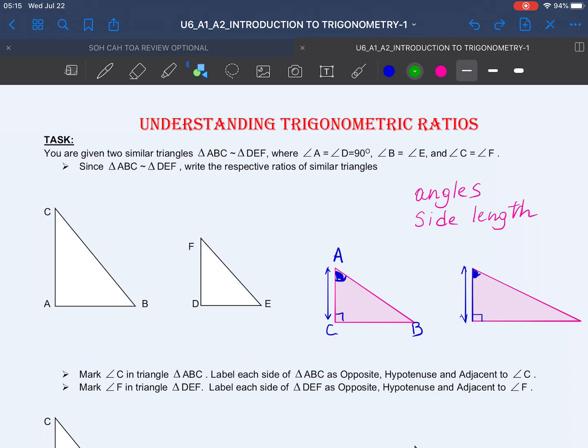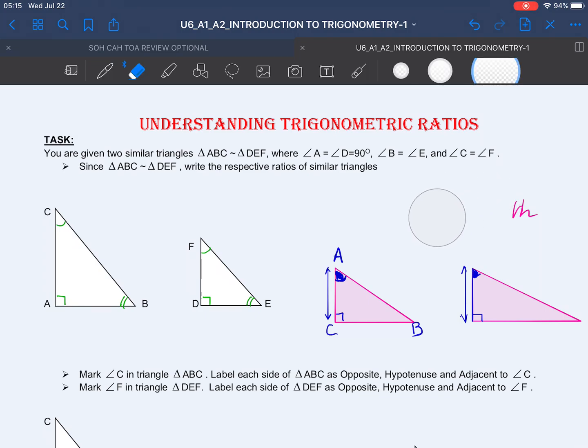So what that means is that not only do they have one angle 90, but they also have this angle here equal to this, and angle B equals angle E. Now, since the two triangles are similar, then we can write the respective ratios of similar triangles.